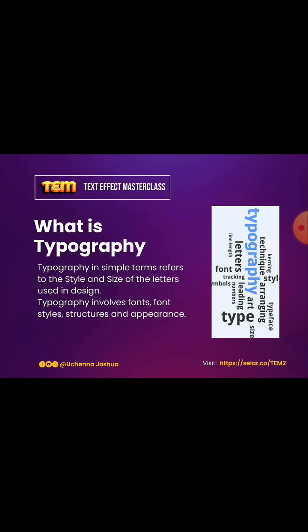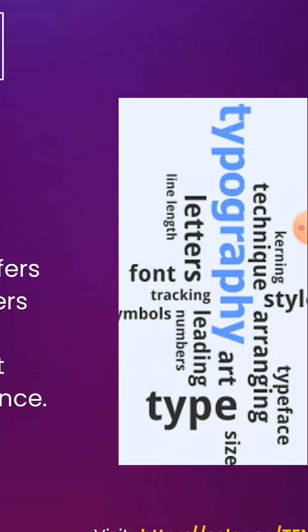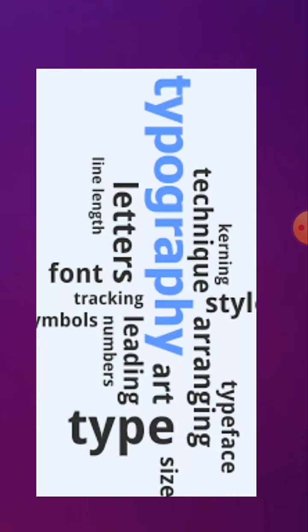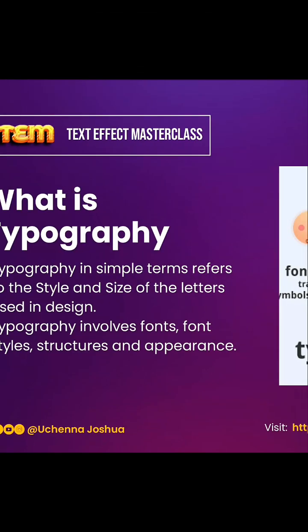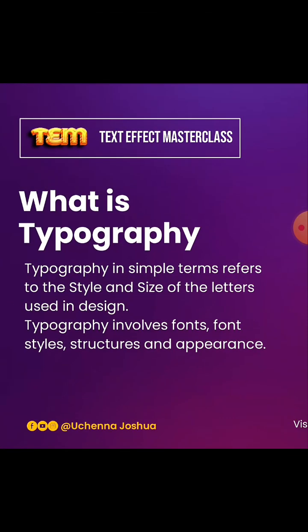Now, any letter or text whatsoever that you see in a design is called typography. The overall name is called typography. Under that typography, that is where we start seeing fonts, font style, structures, appearance, font family. All of them are known as typography.